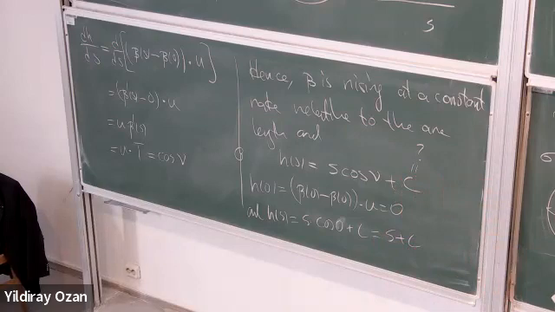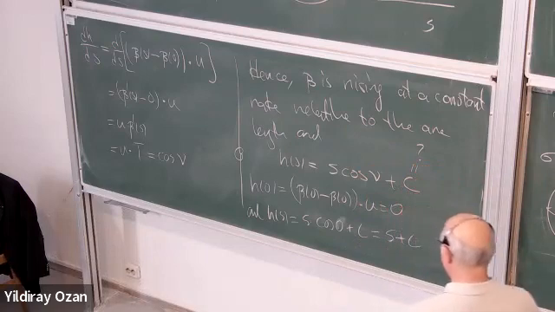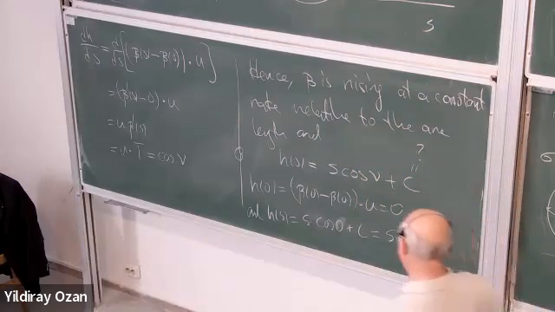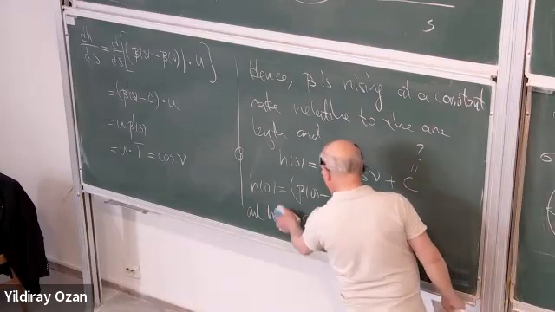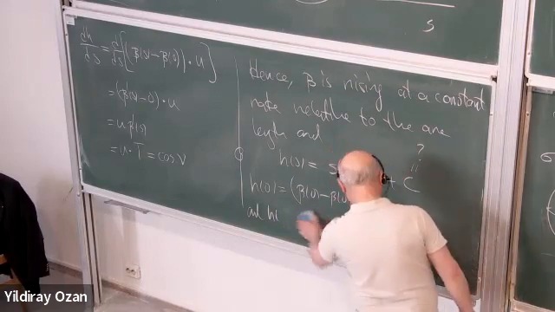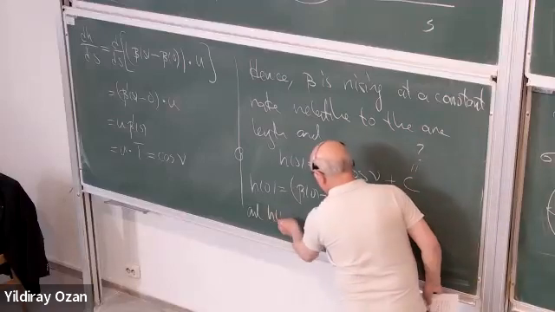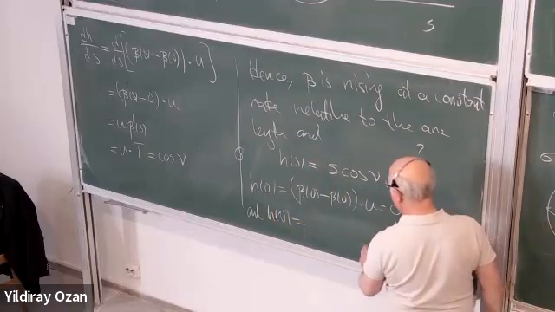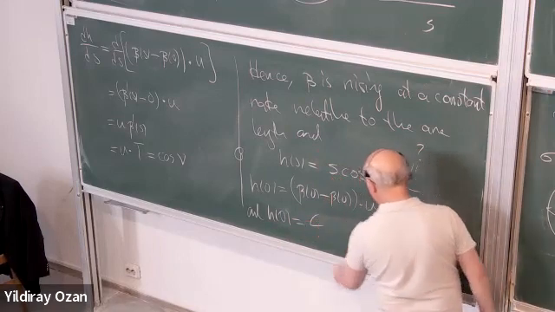Oh, I am sorry. We should write h of 0. H of 0 is just, you write 0 for s, so it is just c.